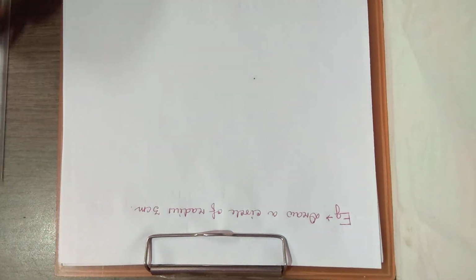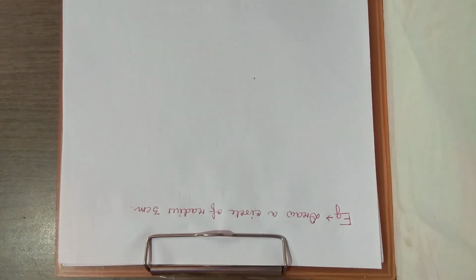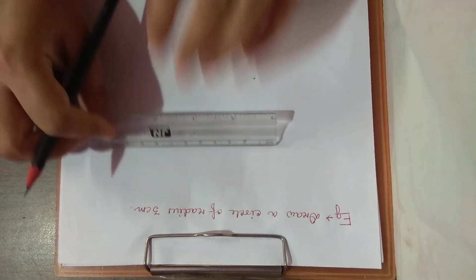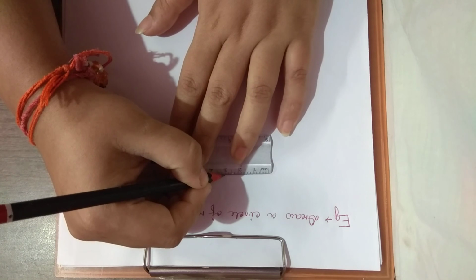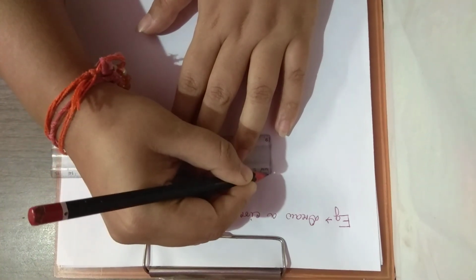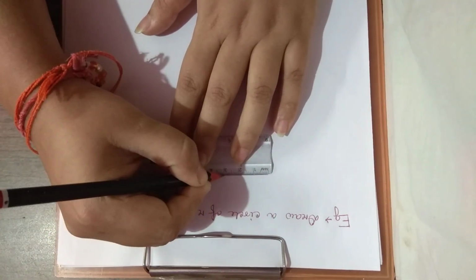Before drawing we need to recall what radius means. Radius means the line joining the center and any point on the circle. For that we will first draw a 3 cm line using ruler and pencil.